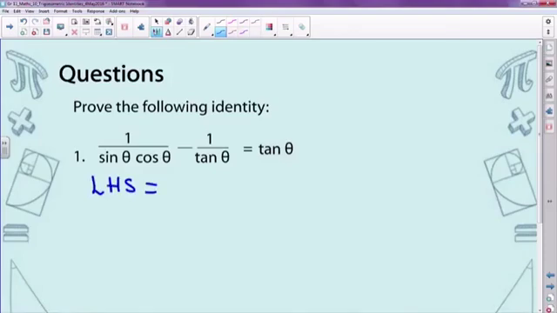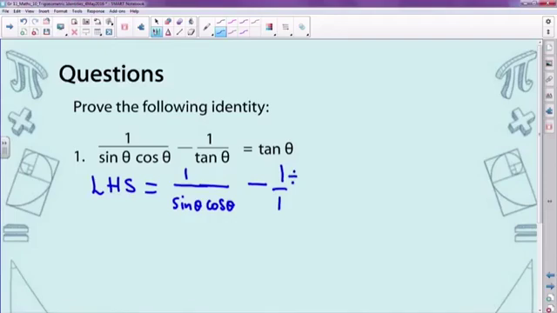You're dealing with the left-hand side. You've got 1 over sine theta cos theta minus 1 divided by tan theta, so this is 1 over 1 divided by tan theta.